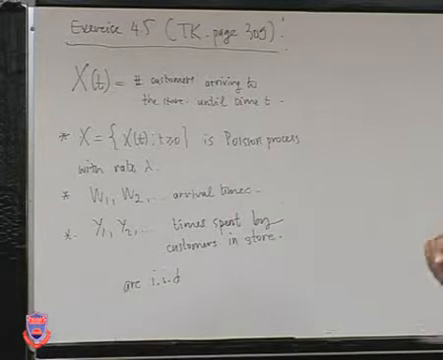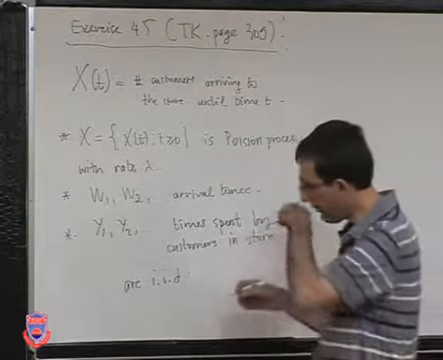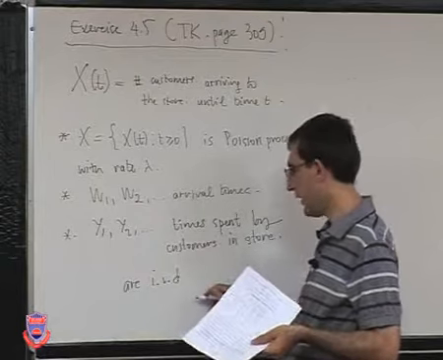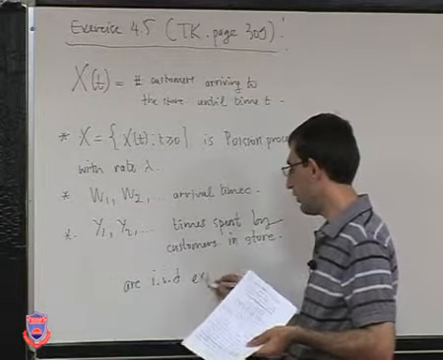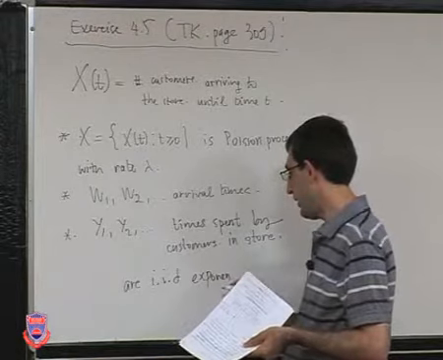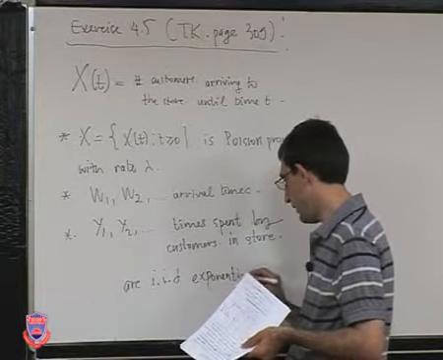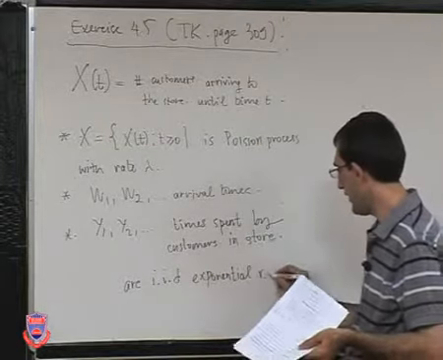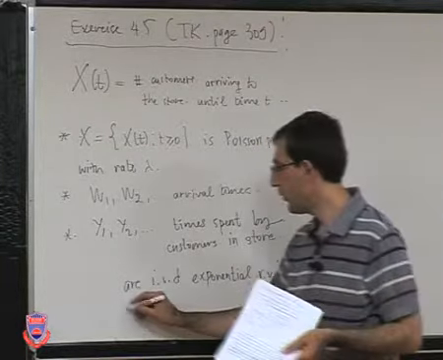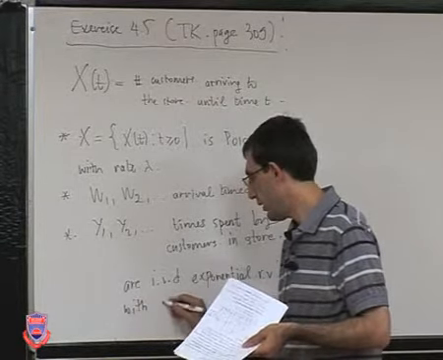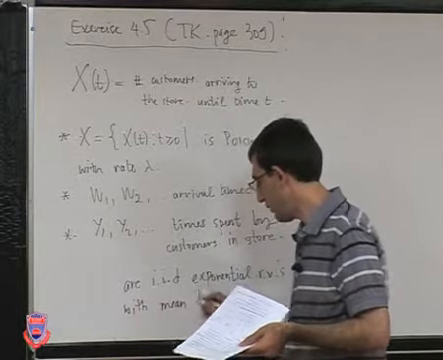The time spent by a customer is independent of the time spent by the other customers. And we are also told that they are exponentially distributed random variables. So they are IID exponential random variables with some known mean, I guess 1 over alpha.